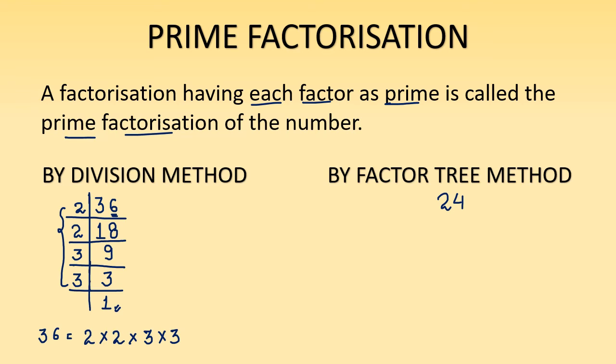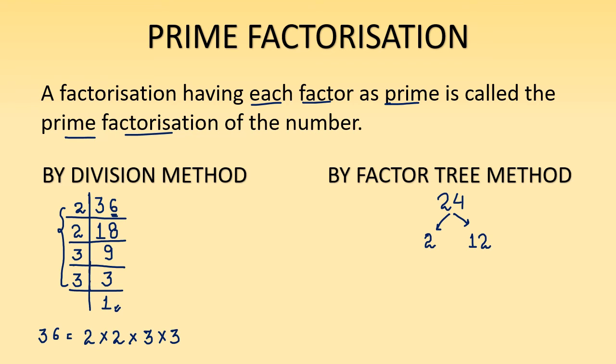So here we will make two arrows. Now take the smallest prime number, that is 2, to divide 24. We know that 2 twelves are 24. Write 2 on the left hand side and 12 on the other side of the arrow.